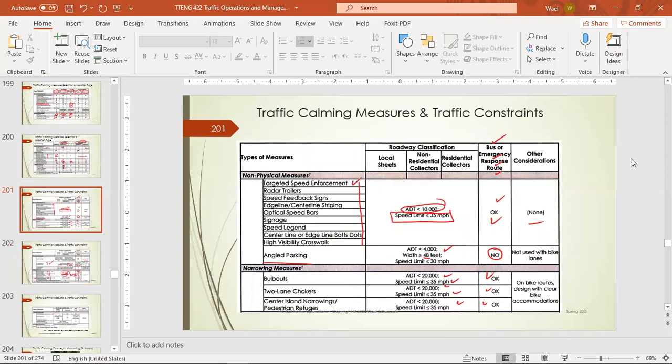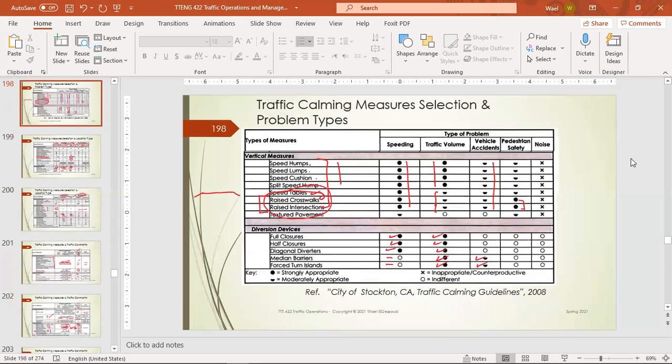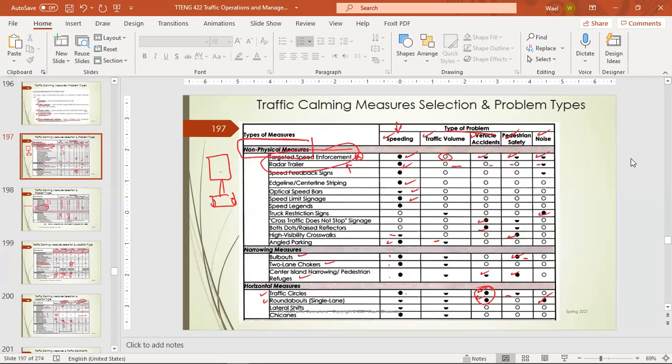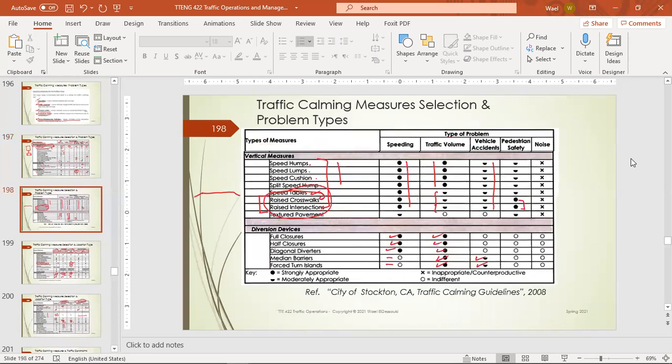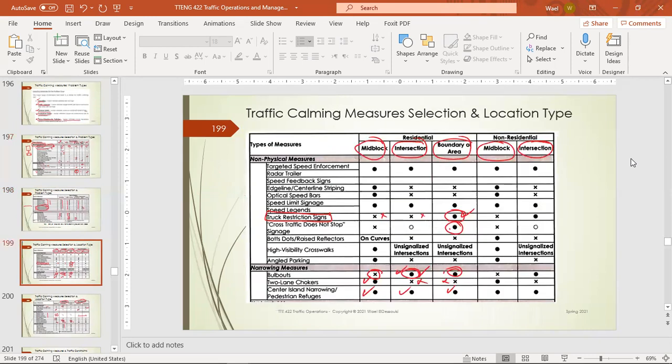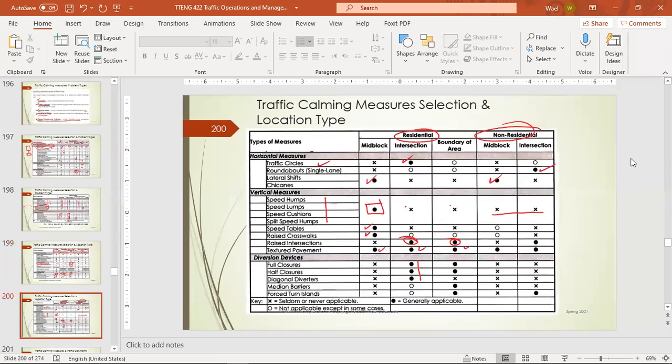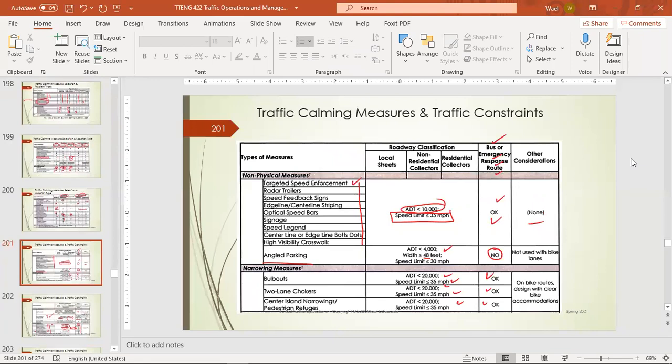So again, now we discussed that for each traffic problem, we have these tables. We have the relevant traffic calming measure, and all of these measures have the location where they need to be implemented, and here these are the constraints for implementation.